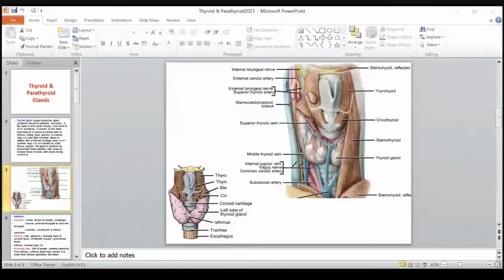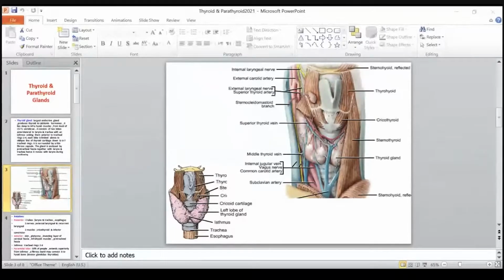This is the cut of one of the sternothyroid, and deep to it, this muscle is the sternohyoid, and then the sternothyroid muscles. These are the strap muscles related to it, and then it's covered, of course, with the investing layer of deep cervical fascia, and then the superficial fascia and the skin.